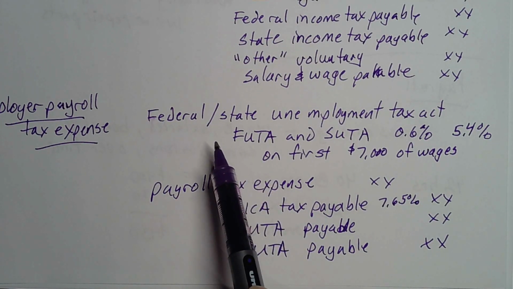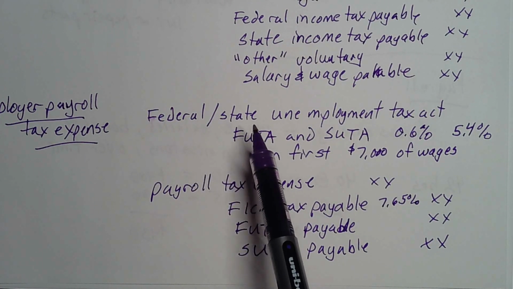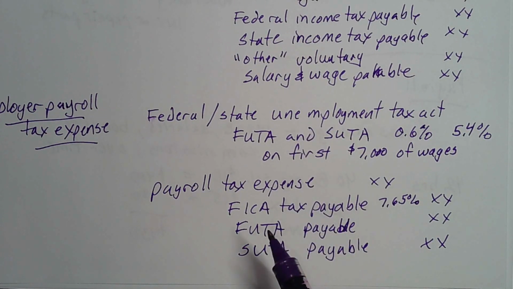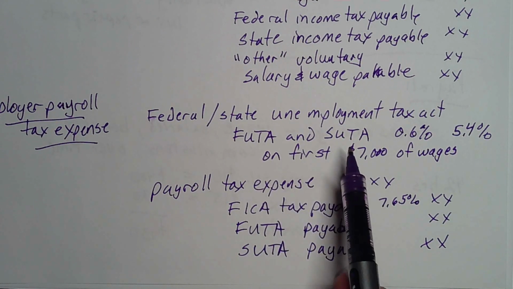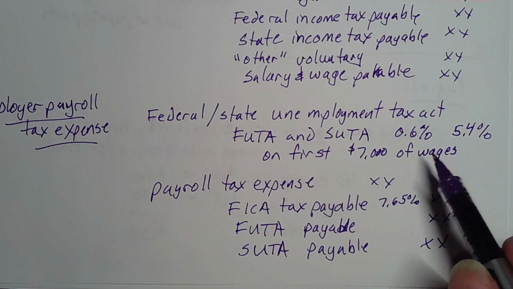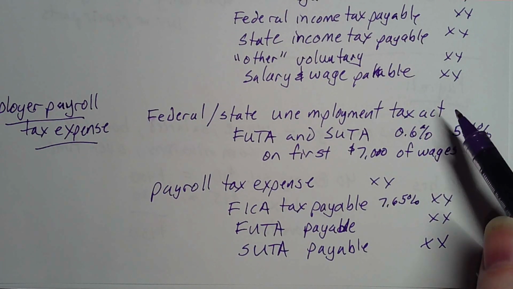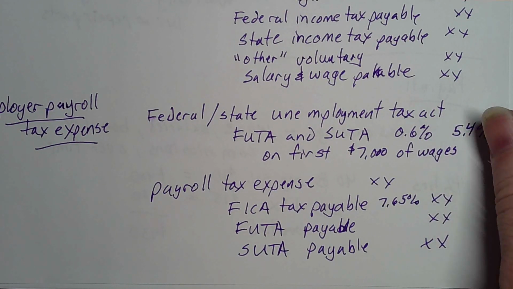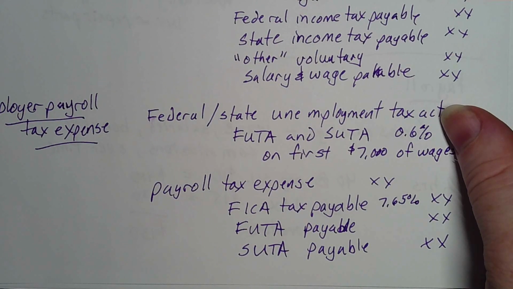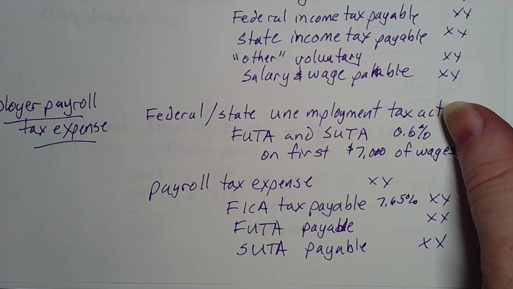Then there's one other tax. It's called the Federal or State Unemployment Tax Act, FUTA or SUTA. Now, there are a couple of trade-offs, but in general, if we just consider FUTA, how it works is FUTA is 6%, but there is an offset for every percentage point that you pay to SUTA, to the state.